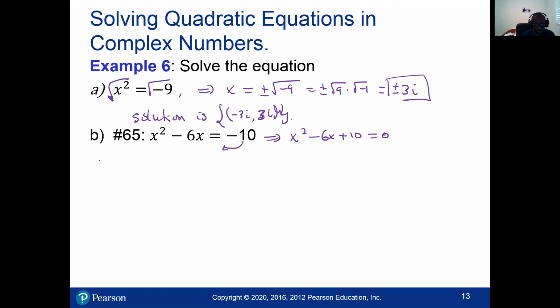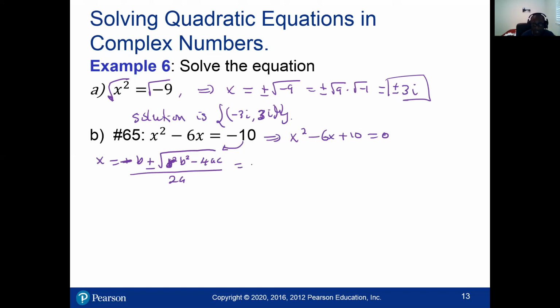Okay. So to solve this, we use the quadratic formula, which is x is equal to negative b plus or minus the square root of b squared minus 4ac, all divided by 2a. Okay, so in this case, what is my b?